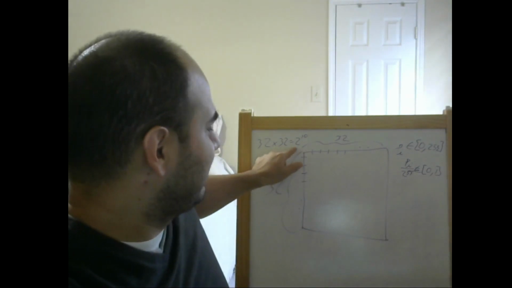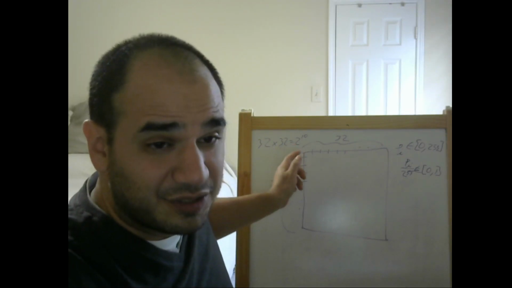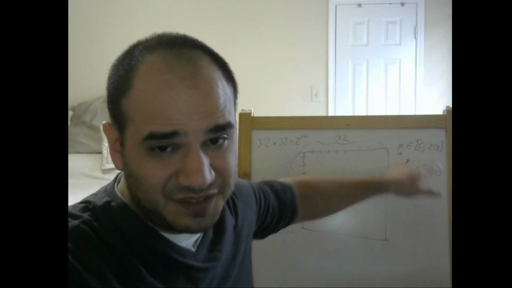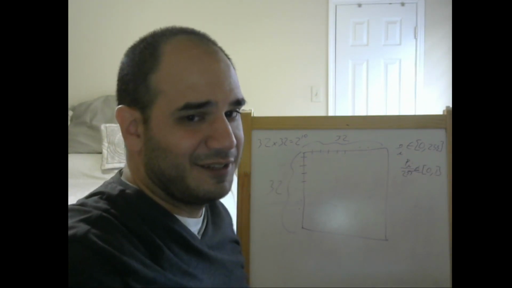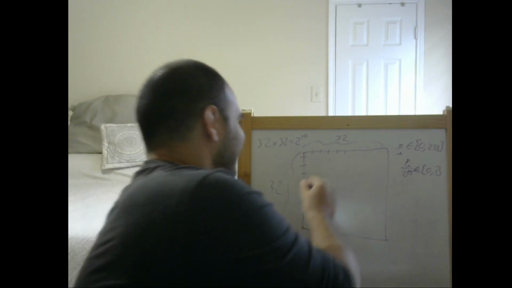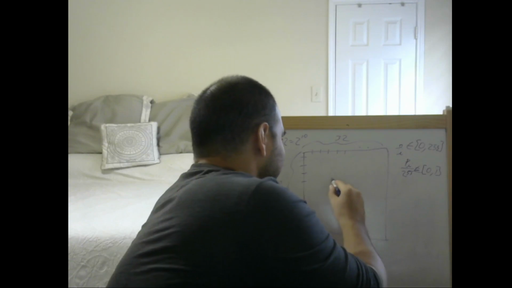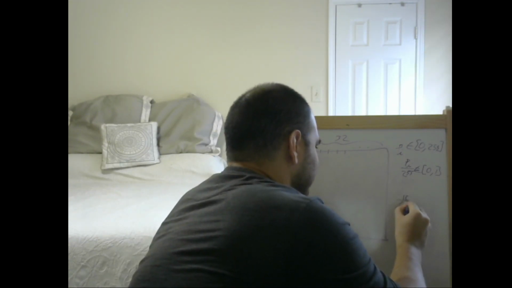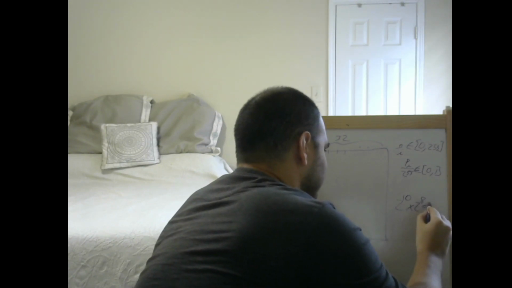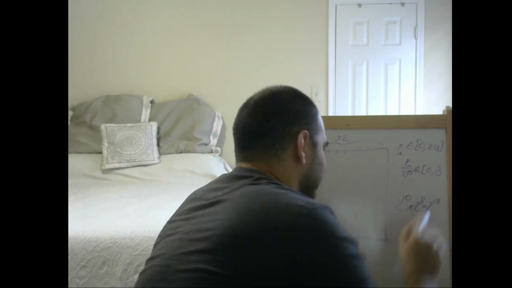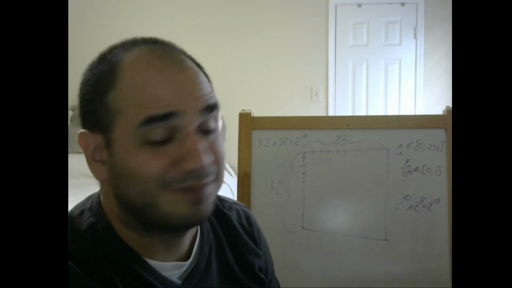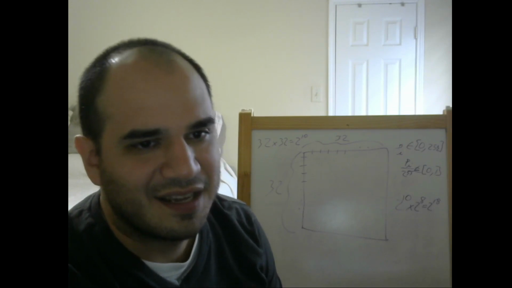Well, each one of these 1,024 pixels has a possible 256 distinct states. So it's the product rule again, right? So then we end up with 2 to the 18 possible states.